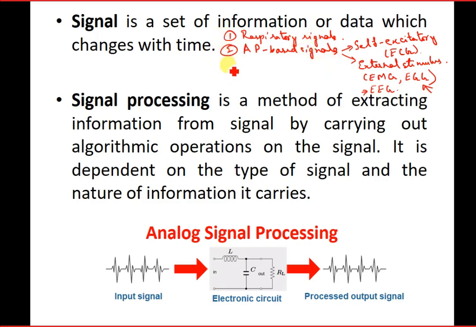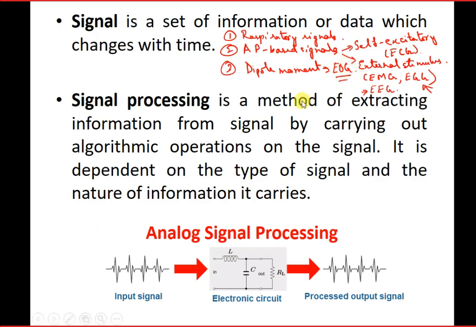So then the third type is the dipole moment based signals. We have learned yesterday that these types of signals are basically given by the eyes while we acquire the EOG signals, electrooculogram.